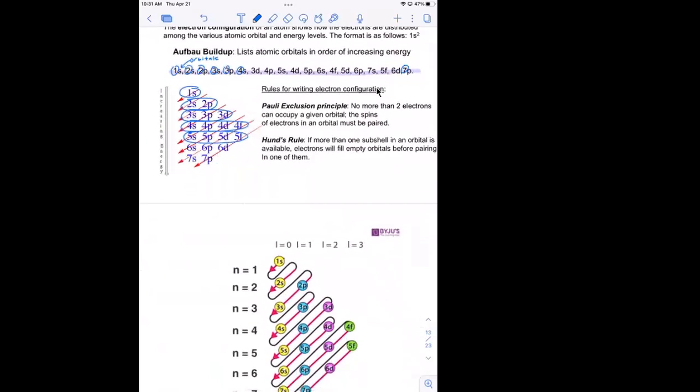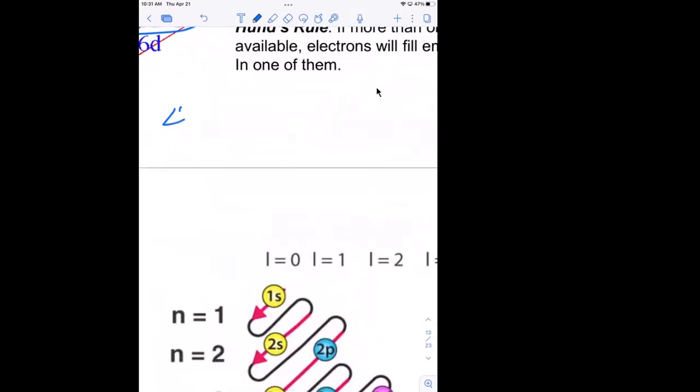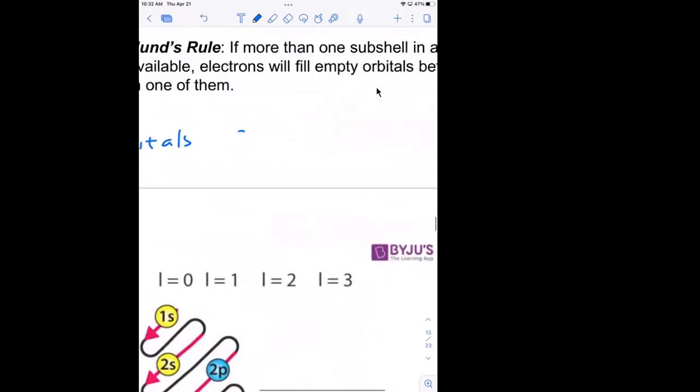So with that being said, when we think about the electron configuration, we think about how many electrons can be in one orbital. Any given orbital, whether it's S, P, D, or F, because there are 4 orbital types: the S orbital, the P orbital, the D orbital, and the F orbital.